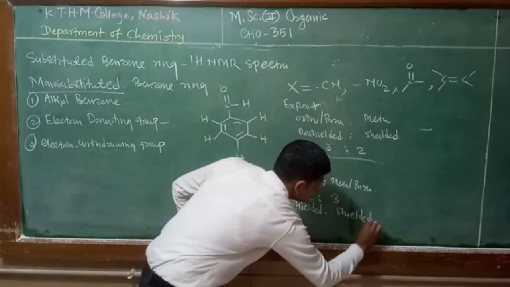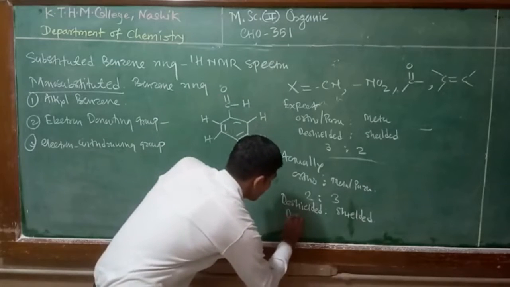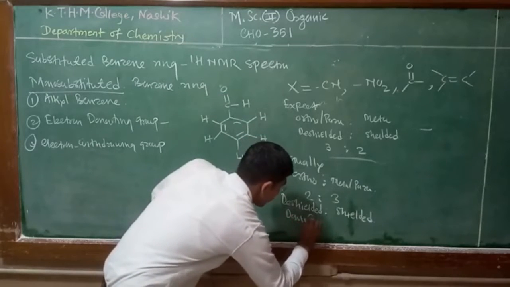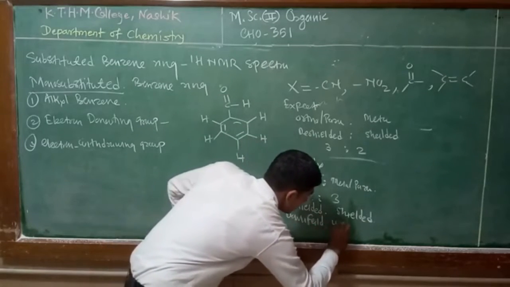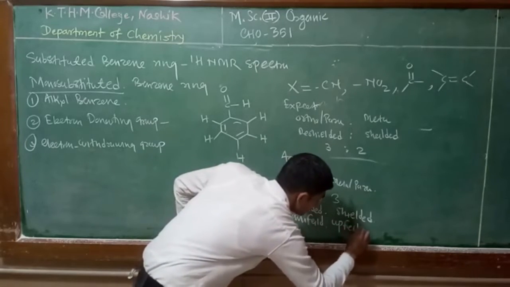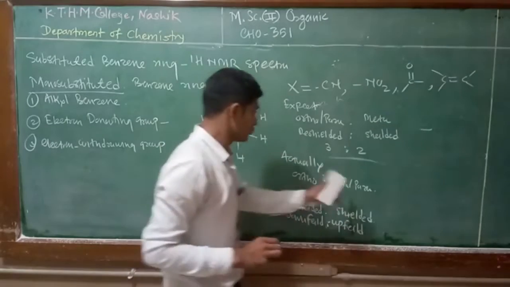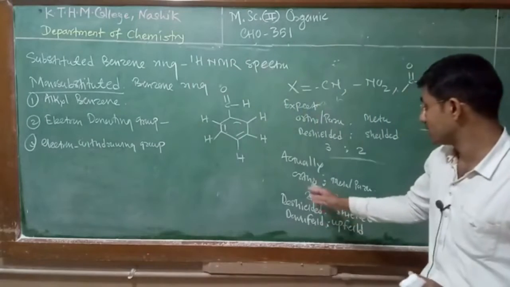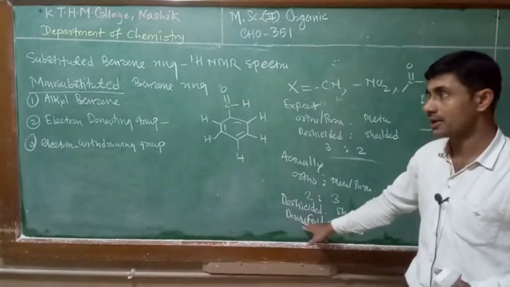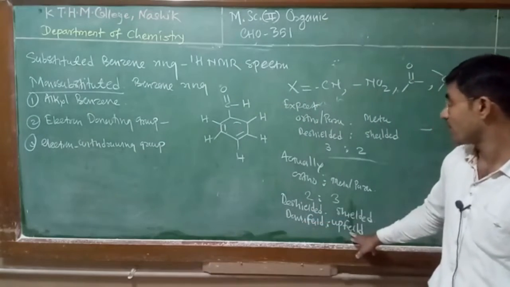So this signal appears downfield, and this signal appears upfield. In a 2:3 ratio, the ortho proton is de-shielded and appears downfield in NMR, and this appears upfield.